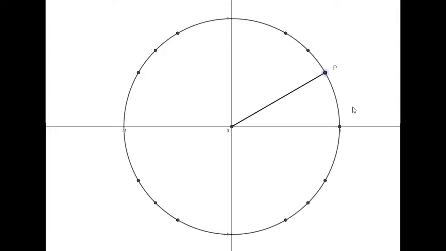An angle, as you have learned in other video lessons, is simply created by rotating a point on the unit circle, either counterclockwise to create a positive angle, or clockwise to create an angle in a negative direction.